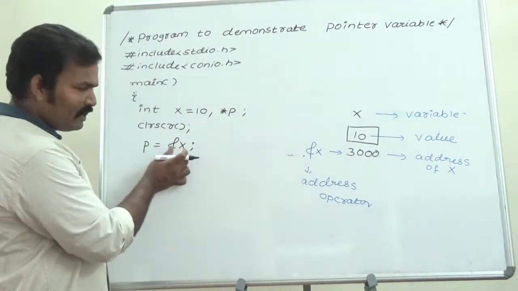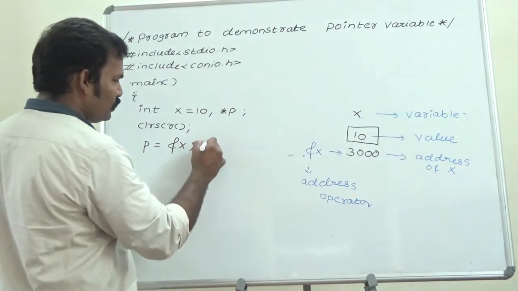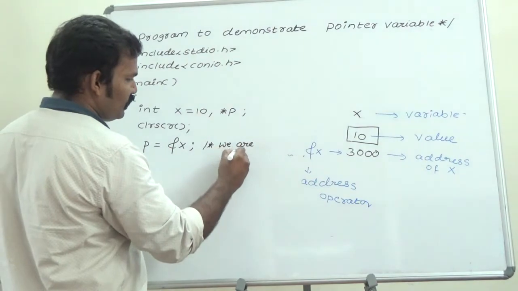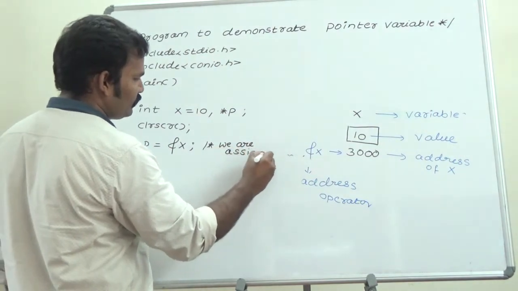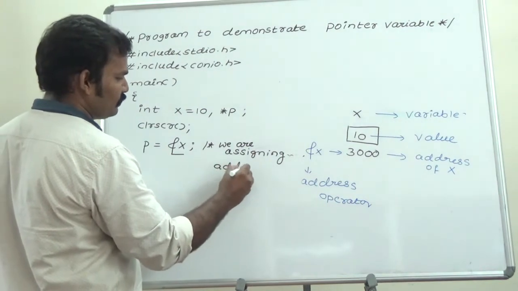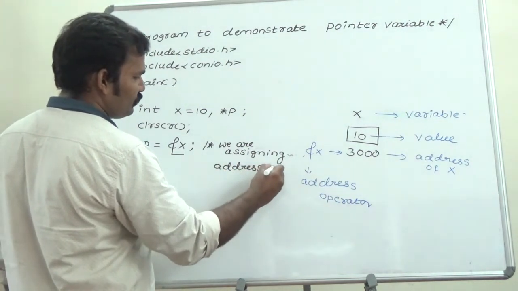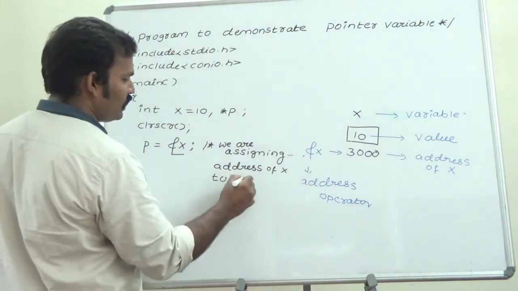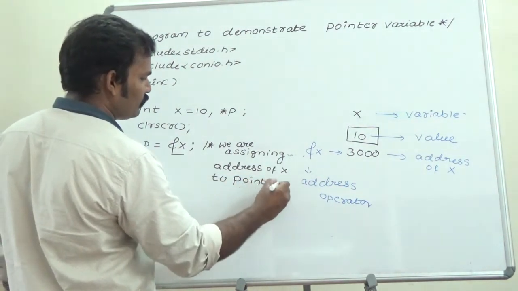So what are we doing here? We are assigning the address of x to pointer variable p.